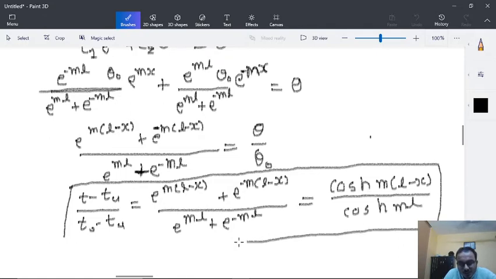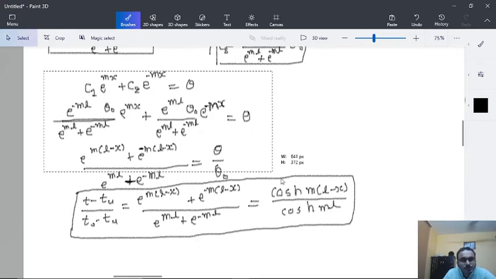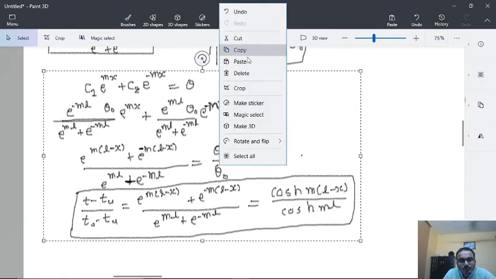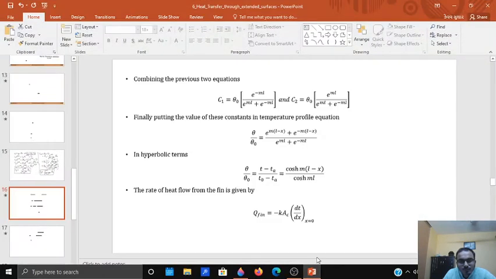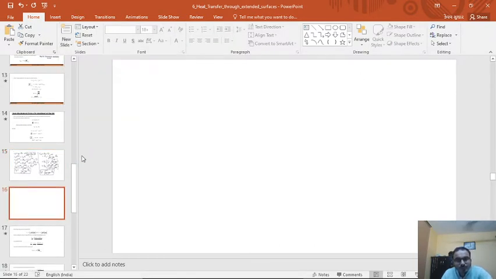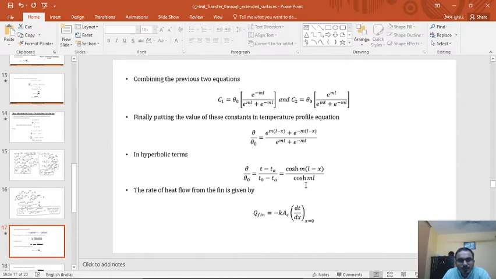So this is the temperature profile that we have obtained, and again we can copy this part. Okay, so we have obtained the same thing over here.